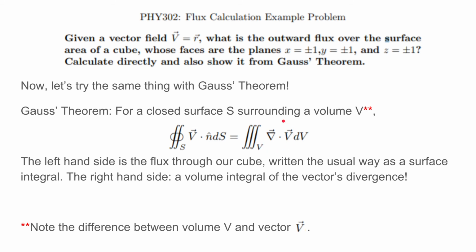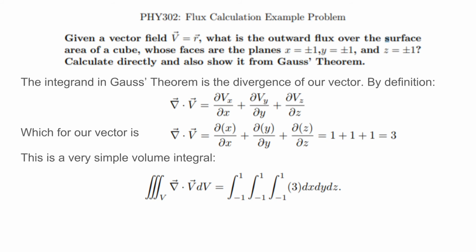The left-hand side with the surface integral is just the flux through our cube, which we found earlier. The circle in the integral sign just indicates that it is a closed surface. On the right-hand side, we can find the flux using a volume integral of the divergence. So let's try that out.